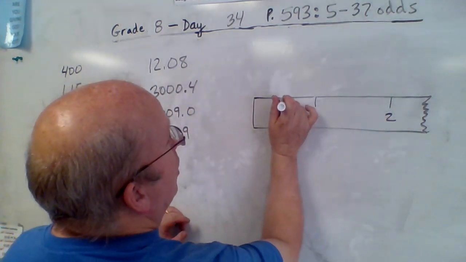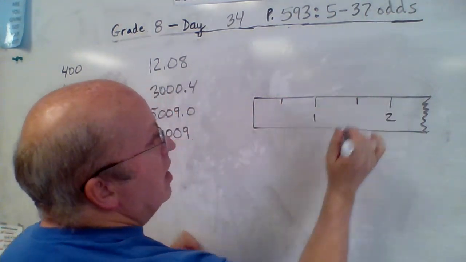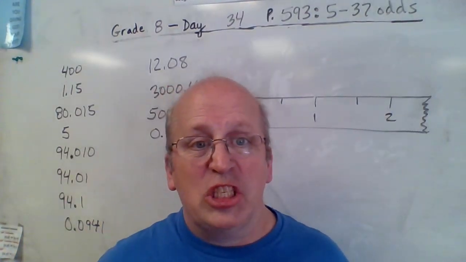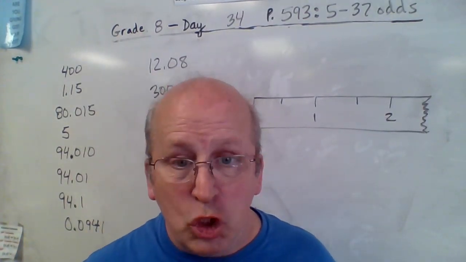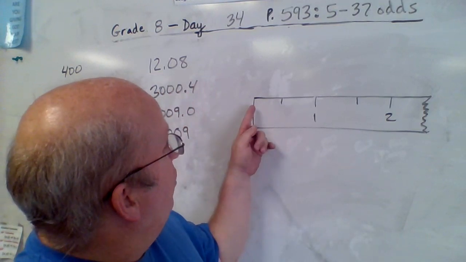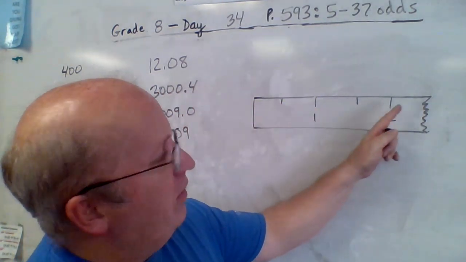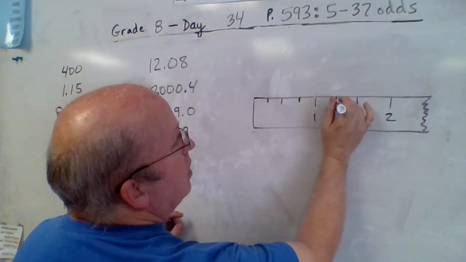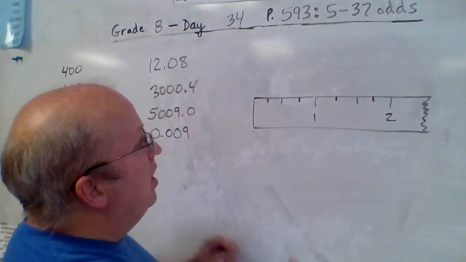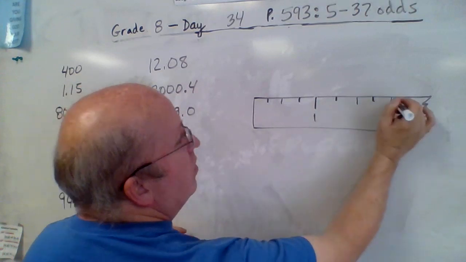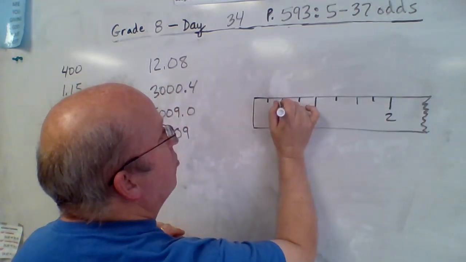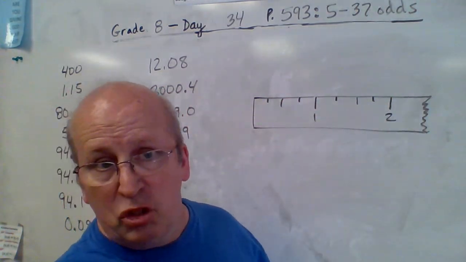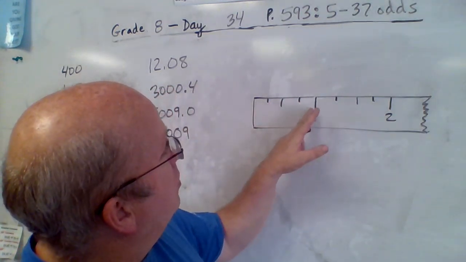If I put a mark here and a mark here, now it's precise to the nearest half inch because we have half-inch marks. Half inch, half inch, half inch, half inch. If I put in a mark here, here, here, and here, now I've made the item precise to the nearest quarter of an inch because we have quarter-inch marks.